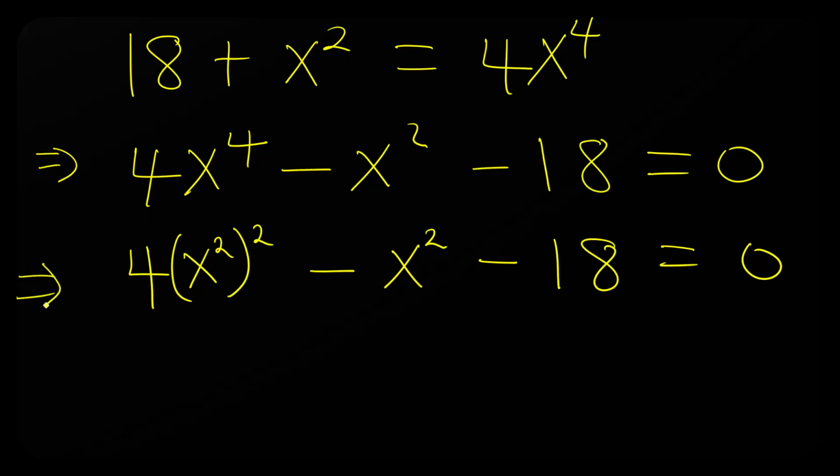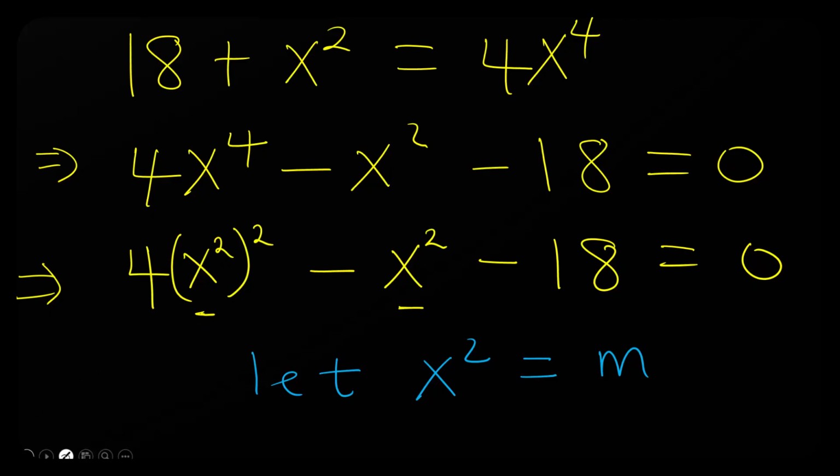Now from here, let's observe this. We have this in common. So let x squared be m. Going back, where I see x squared, I'll put m over there.